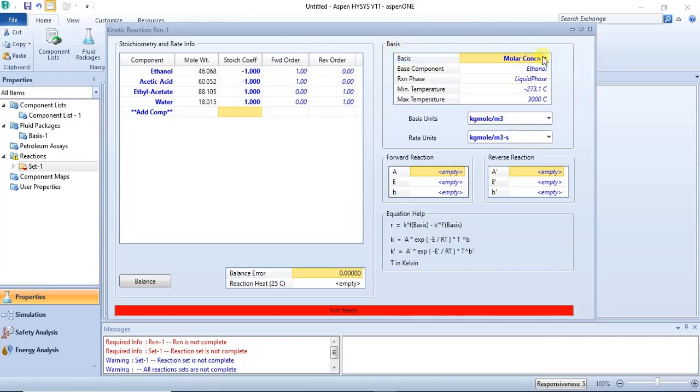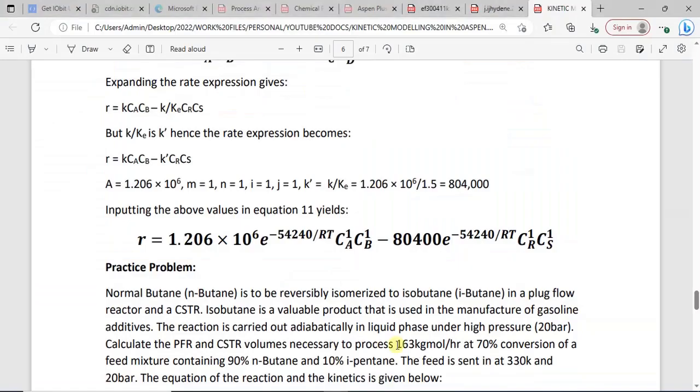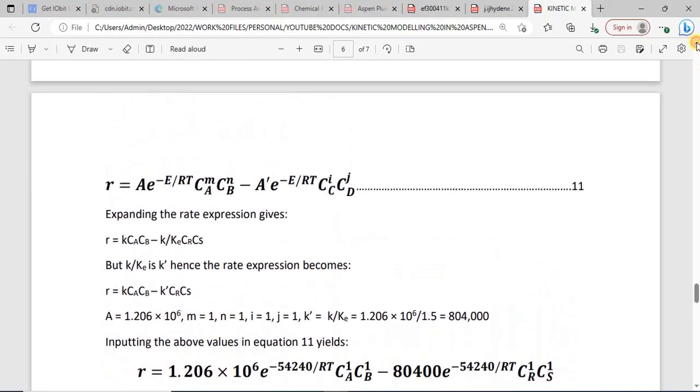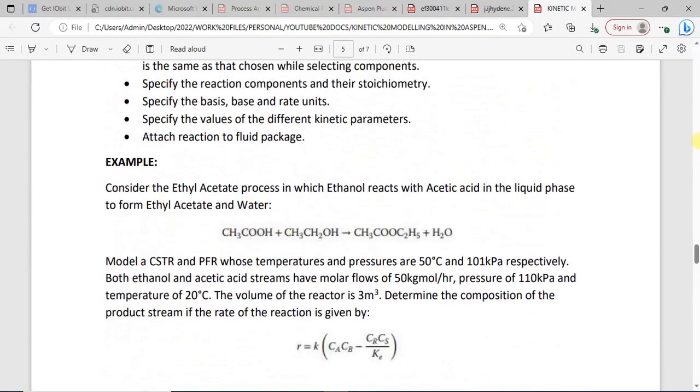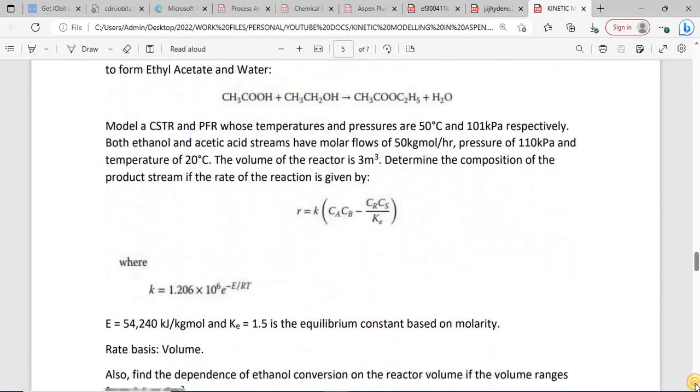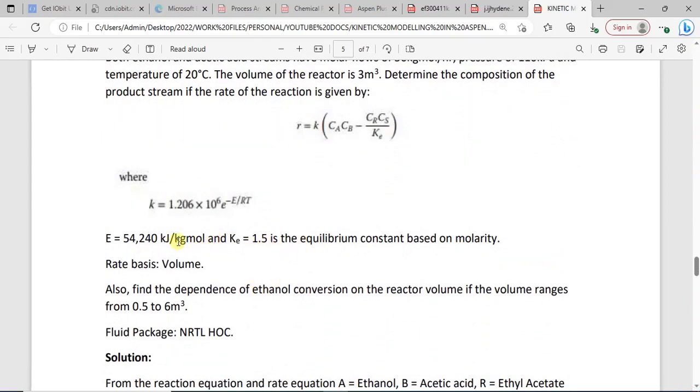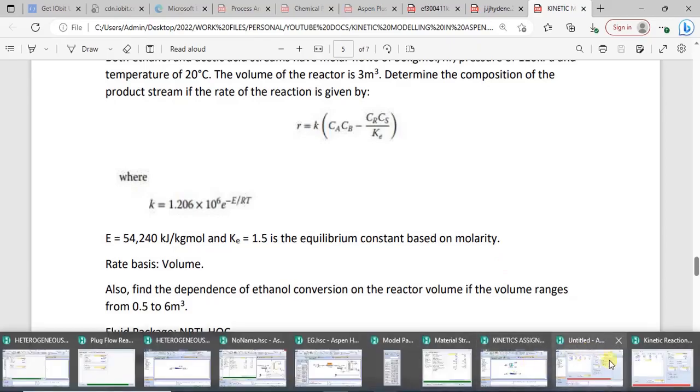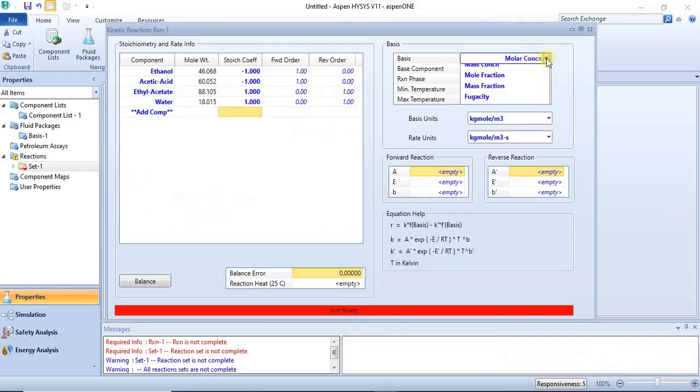So for this case, base is molar concentration. Now, from the question, you have E equal to 54,240 kJ per kmol, and Ke, which is the equilibrium constant, is 1.5, based on molarity. So based on this particular phrase here, I made the assumption that the basis is molar concentration.